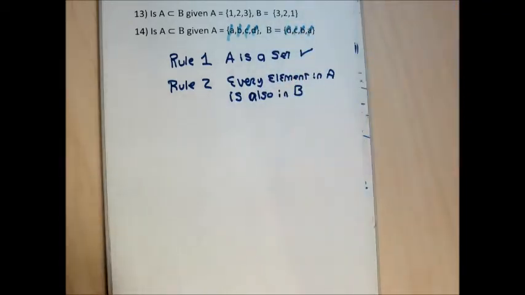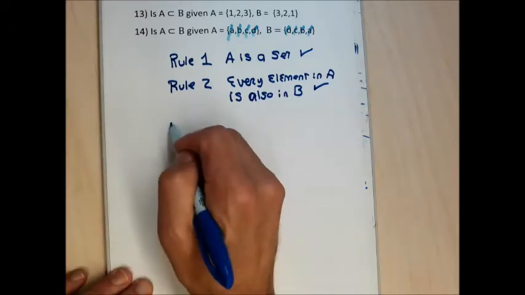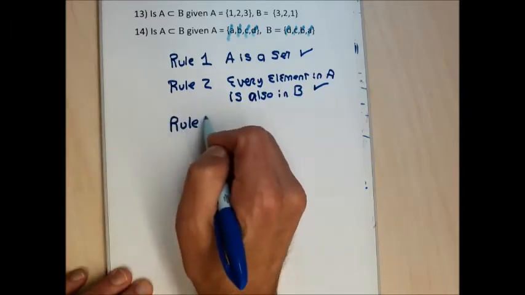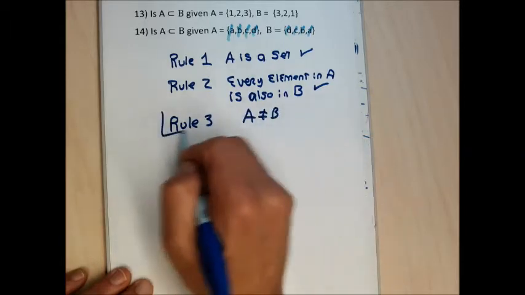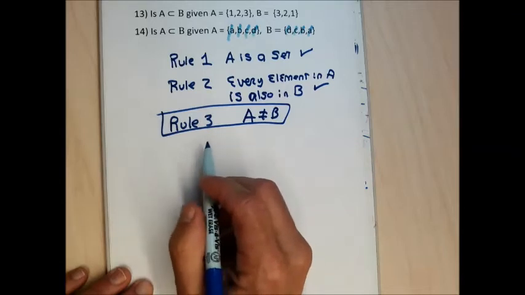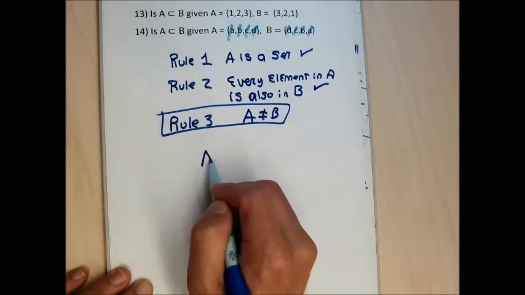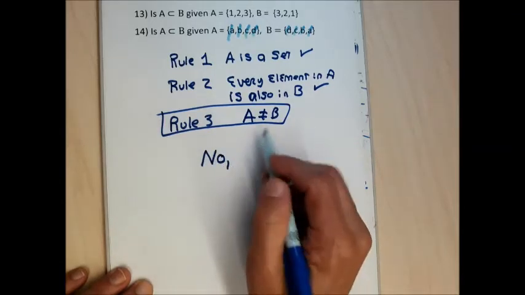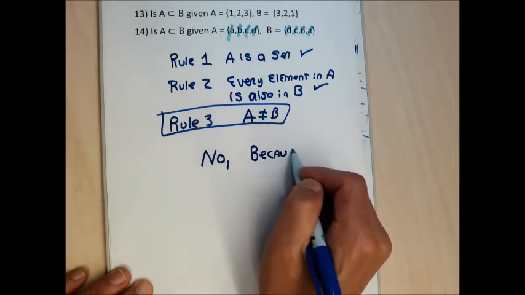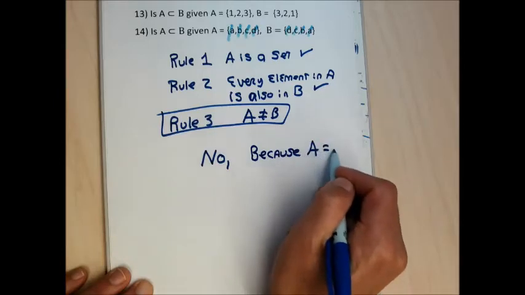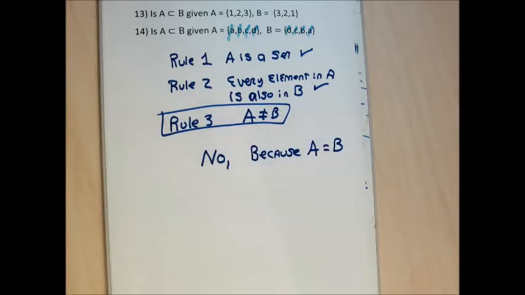Every element in set A is also in set B. That's okay, but it's rule 3 that says A can't equal B. This is the rule that's violated. And so my answer to is A a proper subset of B is no. And the reason why is because A is equal to B and it's not allowed to equal B. To be a proper subset, you can't be equal. That should be real similar to your problem 13.